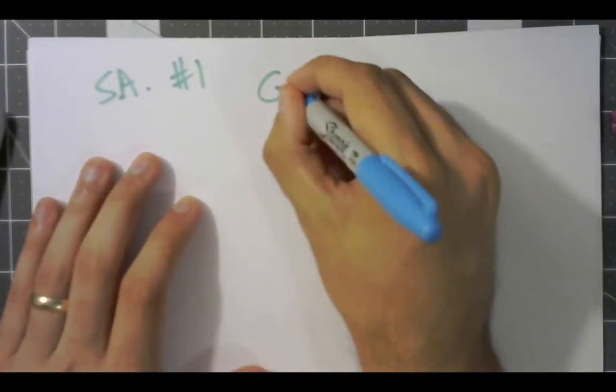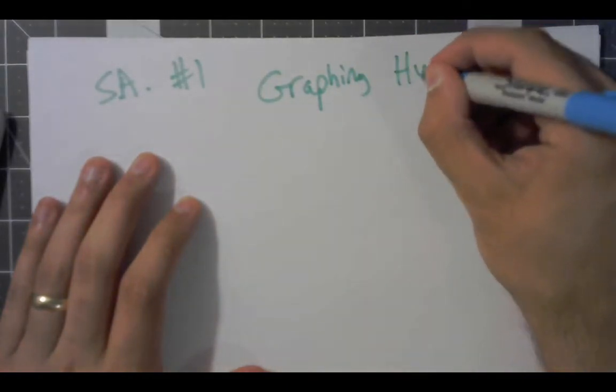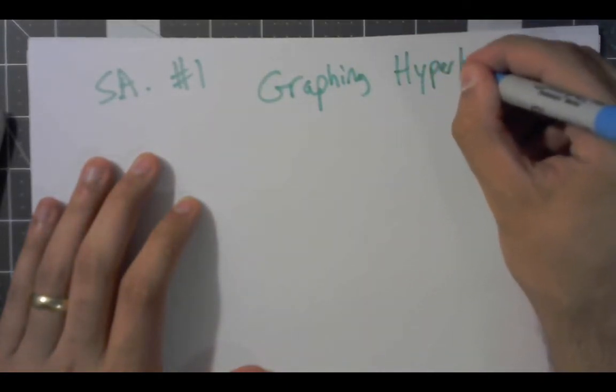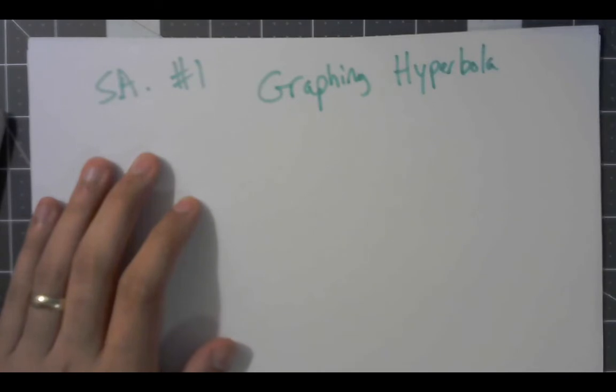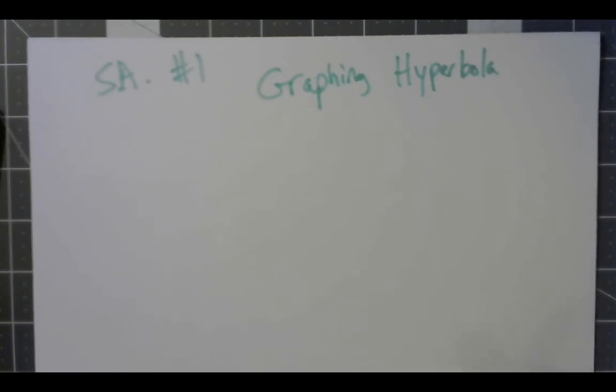So we're graphing hyperbolas. If I'm going too fast, that's probably normal for you all, and you can always rewind this, pause it, go back. This will be up afterwards in case you would like to see it again.